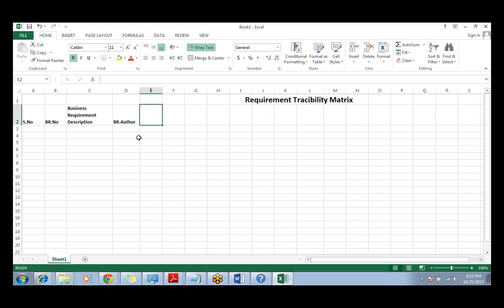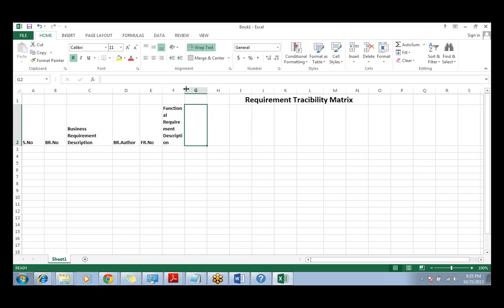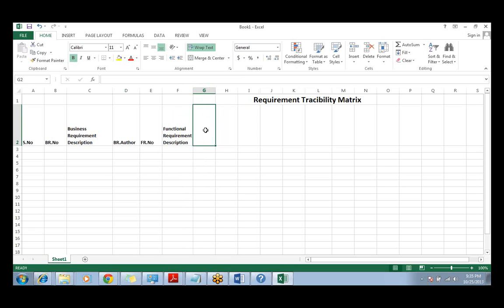No, the stakeholder details don't come under the requirement traceability matrix. Then it would be the functional requirement number, the functional requirement description, then the FR author.